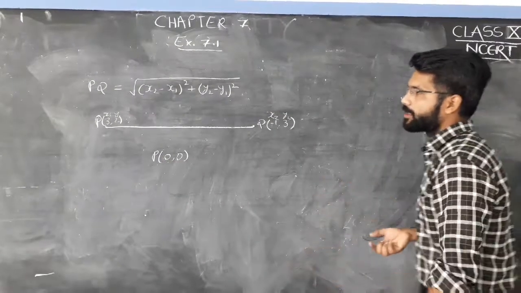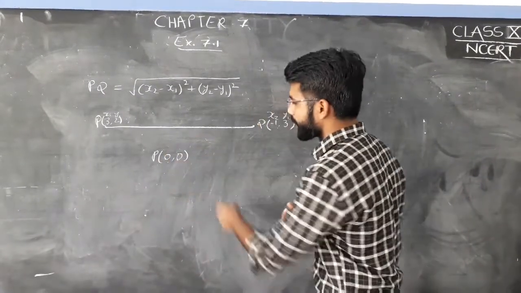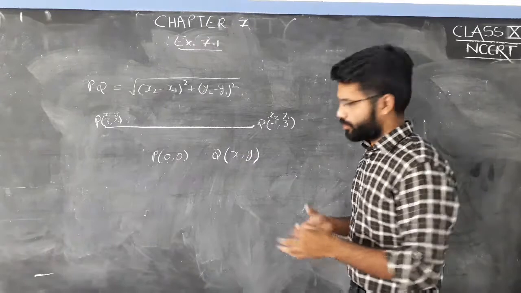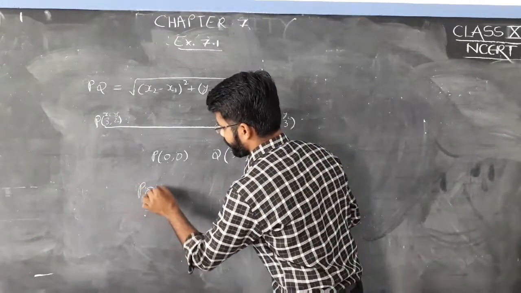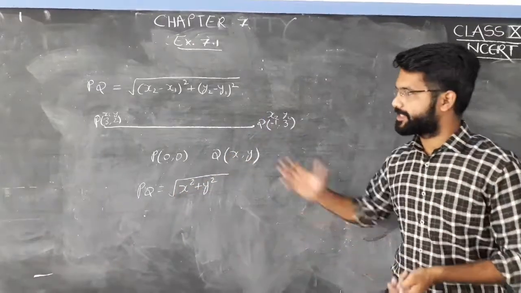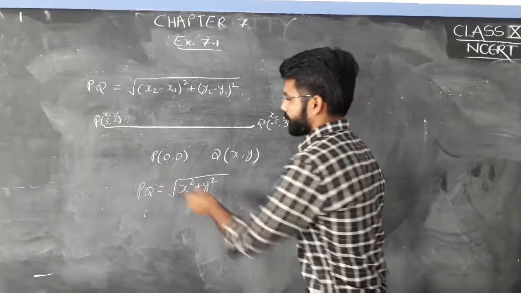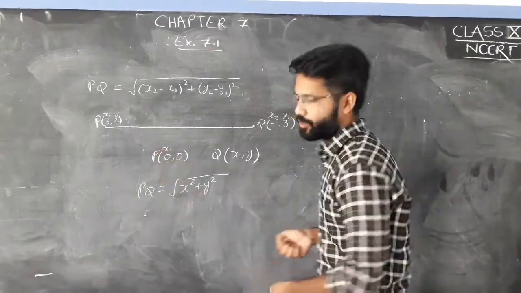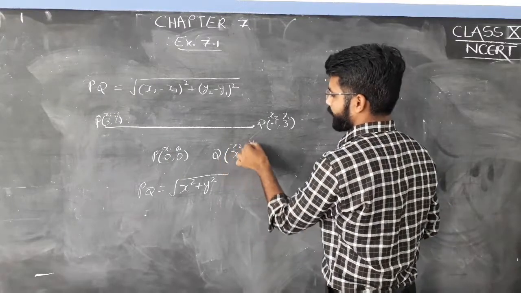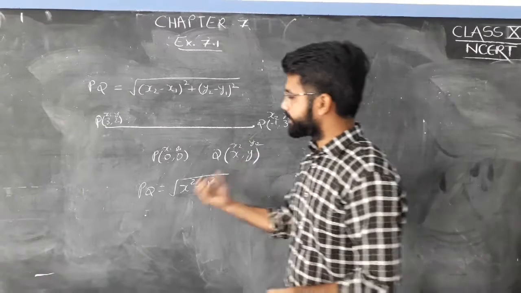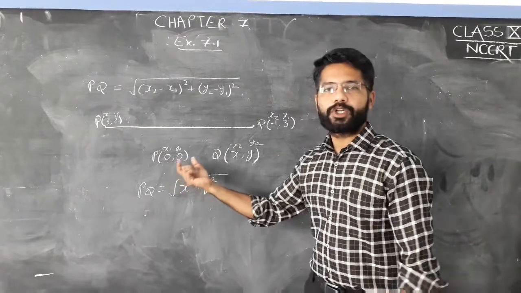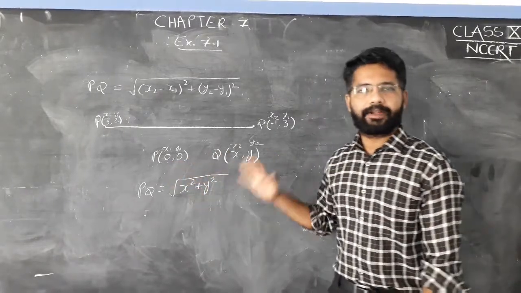If I take Q with coordinates x and y, then the distance PQ will be: instead of x1 you put 0, instead of y1 you put 0, instead of x2 you get x and instead of y2 you get y. So the distance from the origin is the square root of x square plus y square.